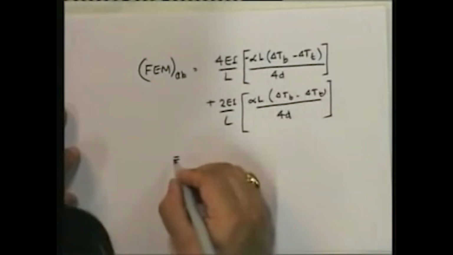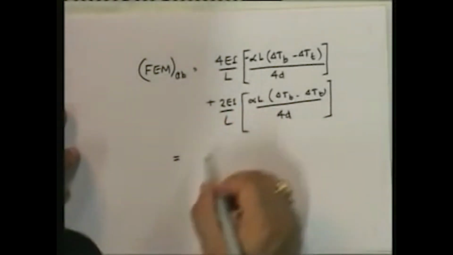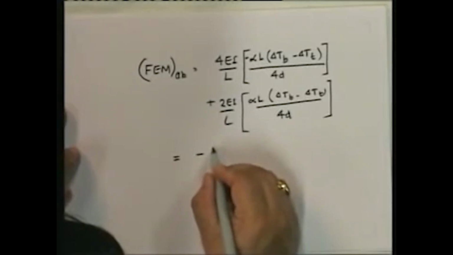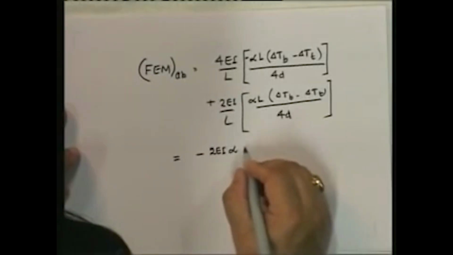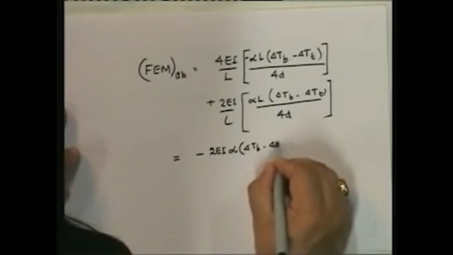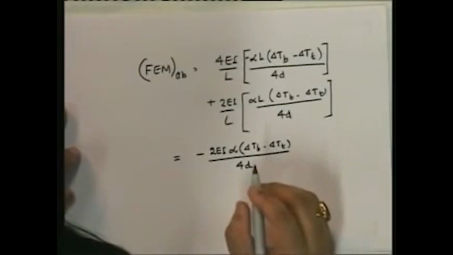This is going to be equal to minus 2EI alpha into delta T bottom minus delta T top upon d.